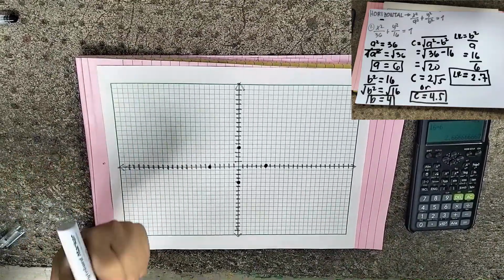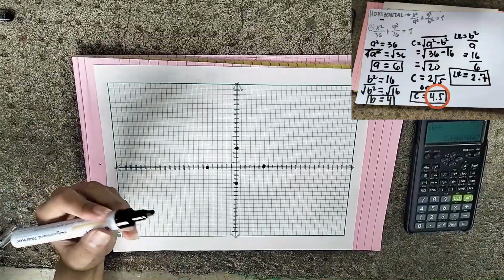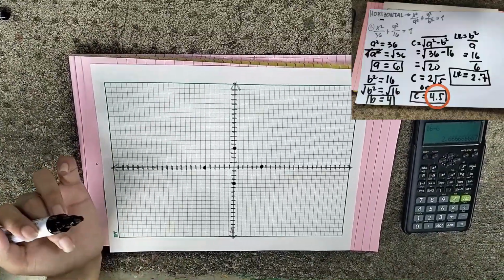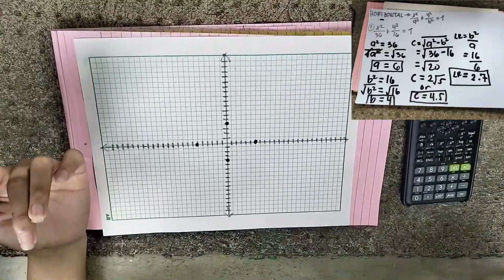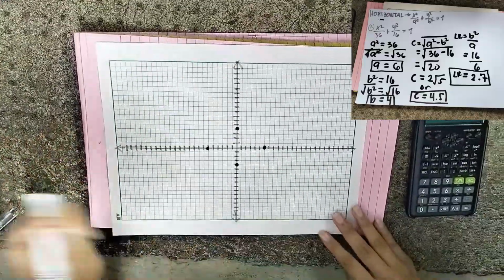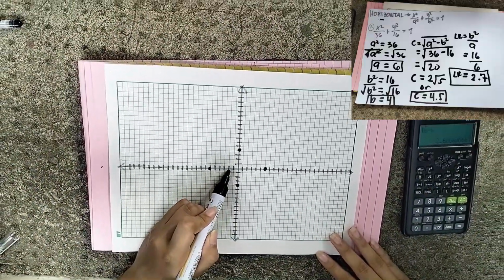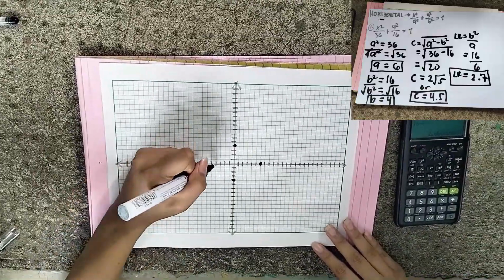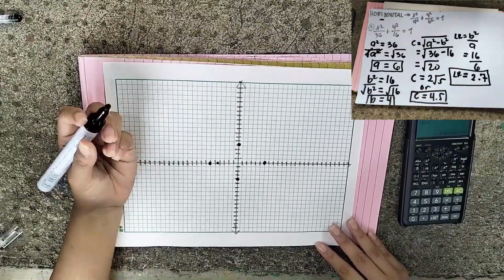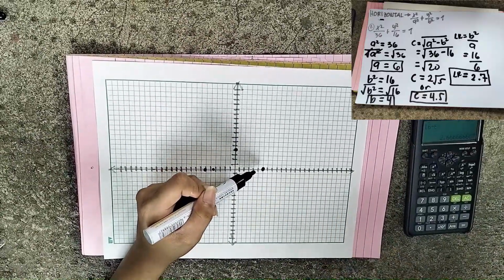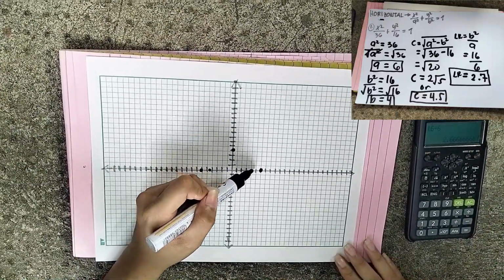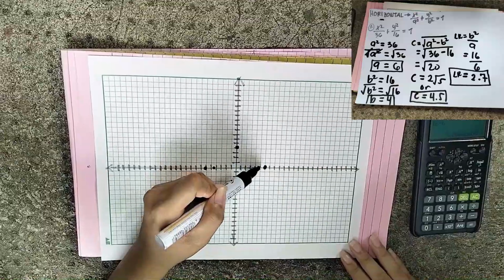Now to plot our focus or the foci, which was 4.5, that will be aligned on the x-axis, the same with our vertex. So 4.5. 1, 2, 3, 4. That will be between 4 and 5. Same goes to the other side. 1, 2, 3, 4, and 5.